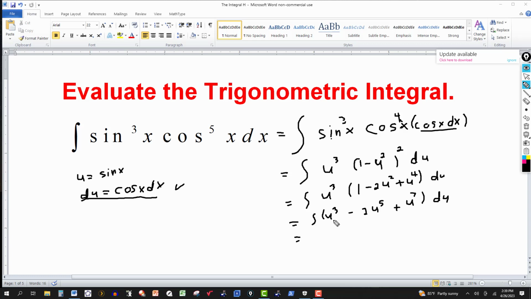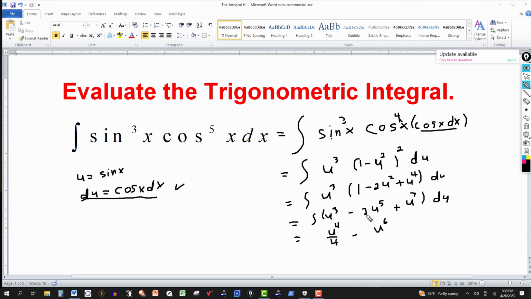So we integrate term by term here using the power rule for integrals. Adding 1 to the 3 gives me u to the 4th. And then we divide the coefficient by that. It's 1, so this would be 1/4, or I could just put it over 4 like this. Minus, add 1 to the 5 in the next one, I get a 6.